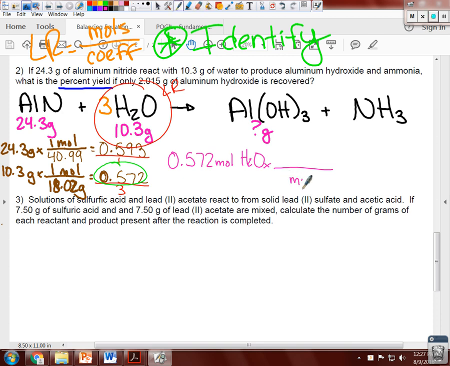Mole of H2O to mole of AlOH3. Can I stop there? Nope, one more. Mole of AlOH3. Oh, I did that wrong. Wow. And to grams of AlOH3.